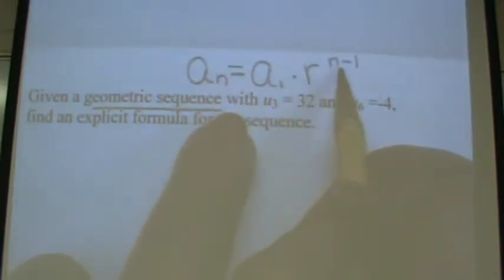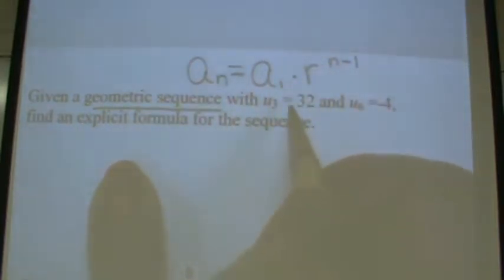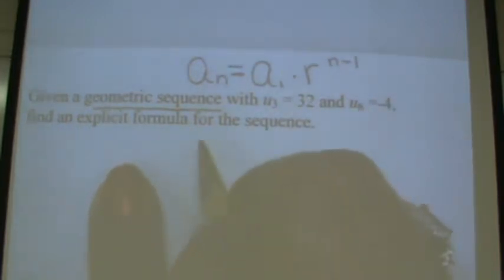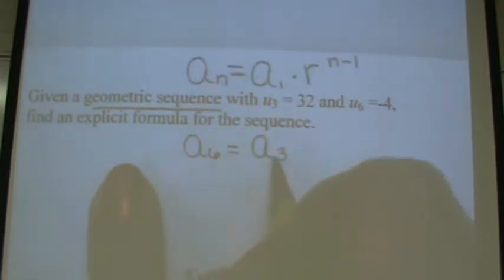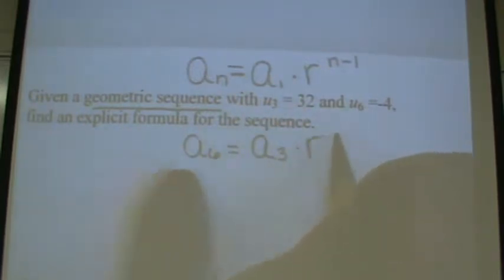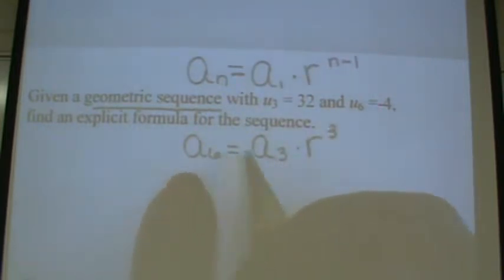What's the relationship between these 2 subscripts here and this power for R? They're subtracted. So because these are not in a row, you're going to take the 6th term and the 3rd term and use them in this place. And this is going to be R to the what power? What should I put here? A 3. Because 6 minus 3 is 3.